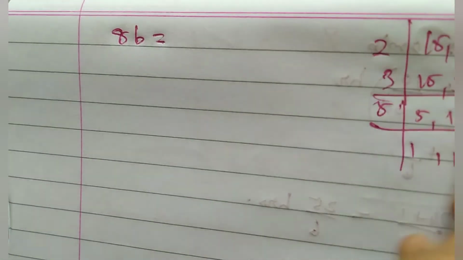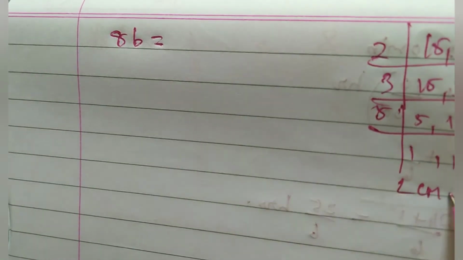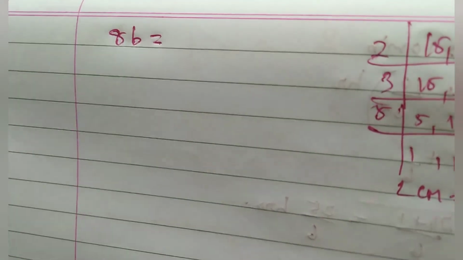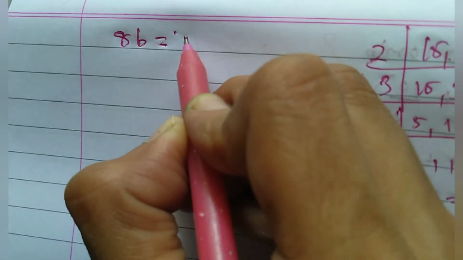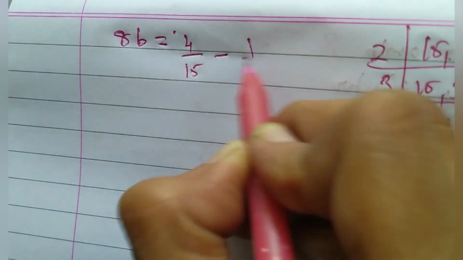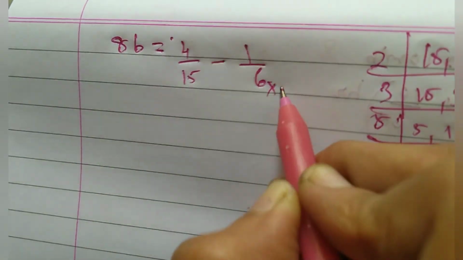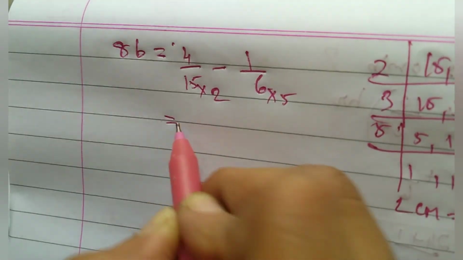So LCM of 15 and 6 is 3 2s 6 and 6 5s 30. So 30 we have to make. So 4 upon 15 minus 1 upon 6 is there. Okay, so 6 into 5 and 15 into 2.